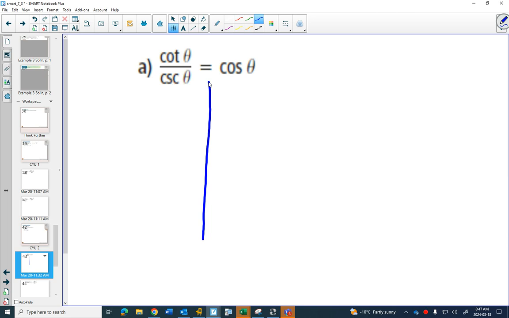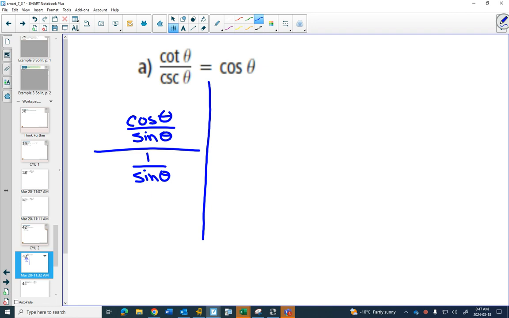And if we do that and we get a single fraction on both sides, maybe things will work out. On the right-hand side, I already have cos. But on the left-hand side, it makes more sense to change cotangent to sine and cos than to 1 over tan, all divided by cosecant, which I can change to 1 over sine.